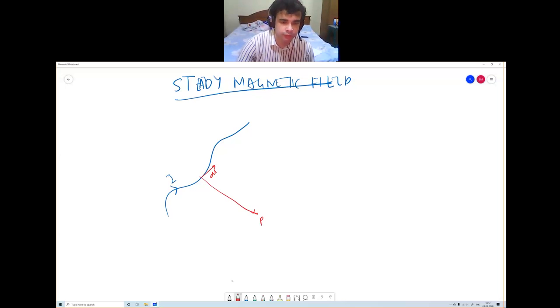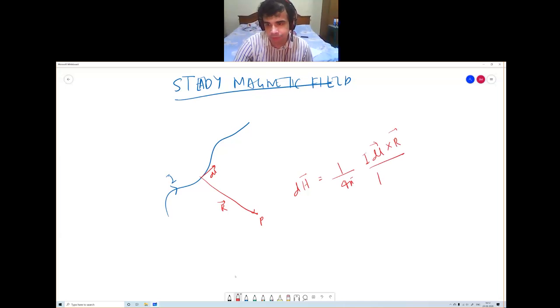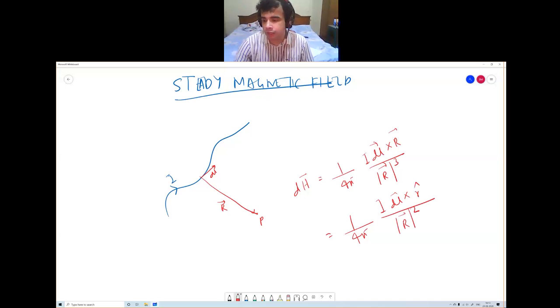Let us say this vector is r, then dH equals I dl cross r divided by 4 pi mod r cube, equal to I dl cross r-hat divided by 4 pi mod r square, where r-hat is a unit vector in the direction of r.